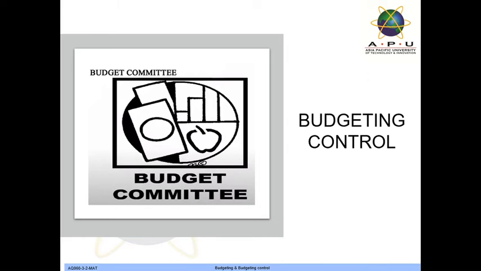This committee can be the heads of various departments: production, sales, finance, personnel, and purchase. This committee helps the budget controller to make decisions. The budget controller acts as chairman, to discuss and to approve the budget figures.